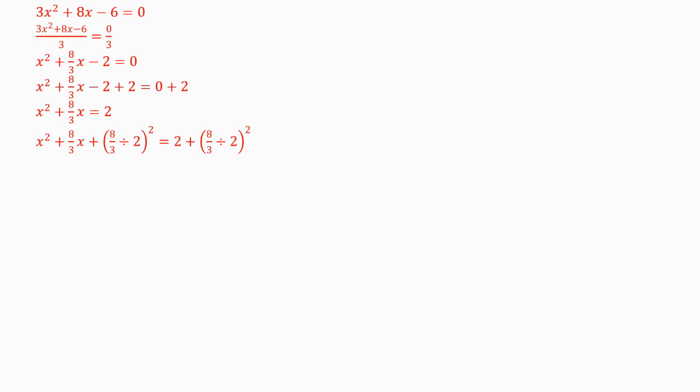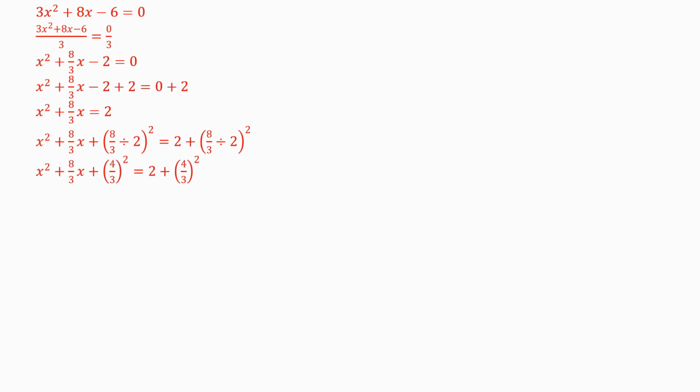That is the coefficient of x squared. So it becomes 8 over 3 divided by 2. Then you square it. And also you should add the same term on the right hand side to balance the equation. So we have x squared plus 8 over 3x plus 4 over 3 squared is equal to 2 plus 4 over 3 squared.